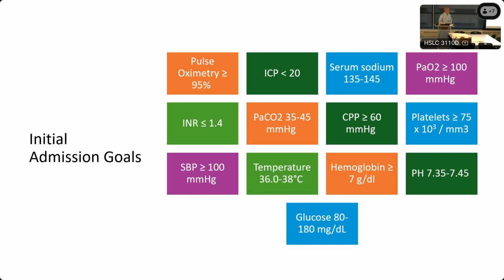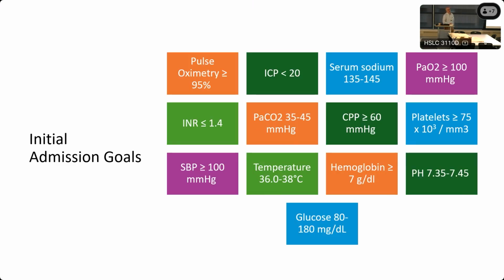So in terms of initial admission goals, you want pulse ox greater than 95, which is not really our standard in the ICU. You want ICP less than 20. You want serum sodium 135 to 145. We mentioned the PaO2 greater than 100. We want INR less than 1.4. So if they come in coagulopathic, you'll especially see that with large volume extracranial bleeding.